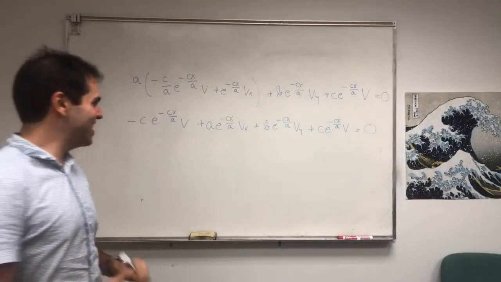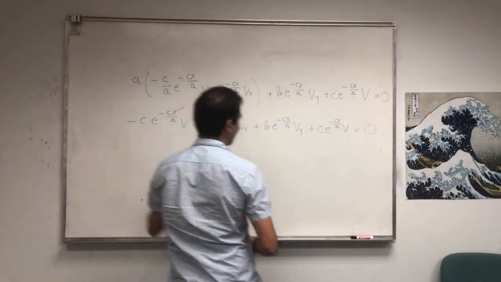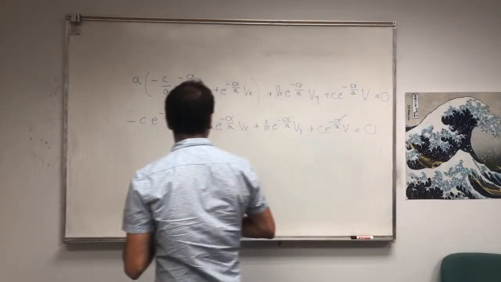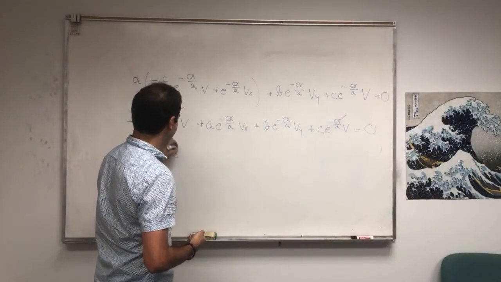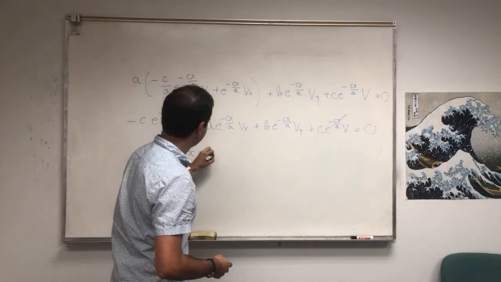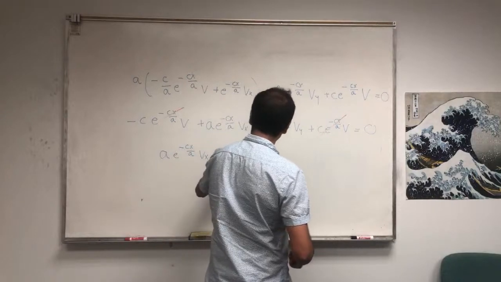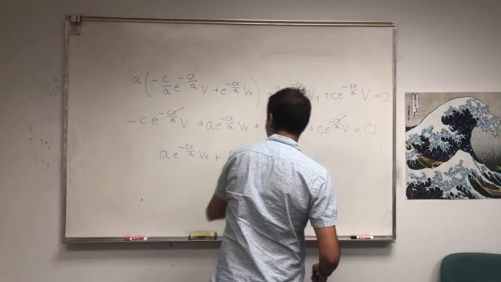And lo and behold, look how beautiful this is. This term cancels out with this term, and we're left with a e to the minus cx over a v_x plus b e to the minus cx over a v_y equals 0.